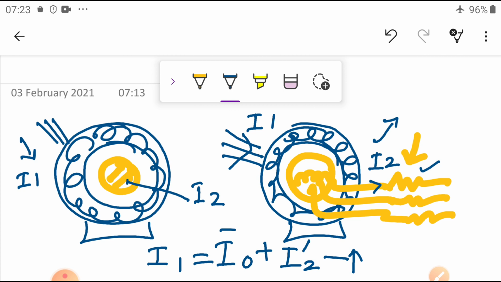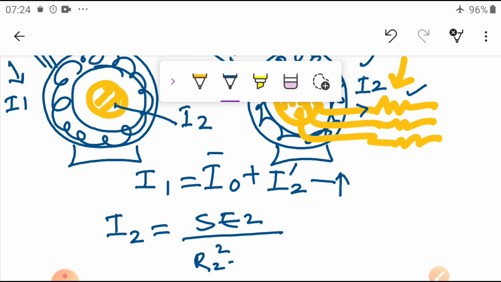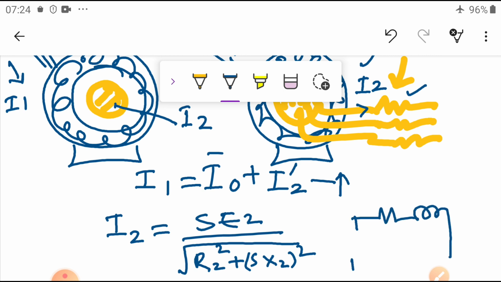If rated voltage is given, then, as we have seen in previous classes, I2 is equal to S into E2 divided by the square root of R2 squared plus (S X2) squared. That means the secondary acts just like the short circuited secondary of a transformer, with the source S E2, the resistance R2 and the reactance S X2.